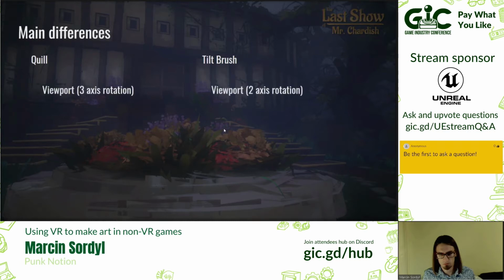First of all, there's a different viewport. In Quill, you are like in infinite space, and you can rotate and manipulate the object you just created on both axes, and size, etc. But in Tilt Brush, it's quite different, because it's more like you are in the scene and you see the horizon, and you can go around the mesh, so it feels more intuitive, but it can also be less comfortable than how it works in Quill.